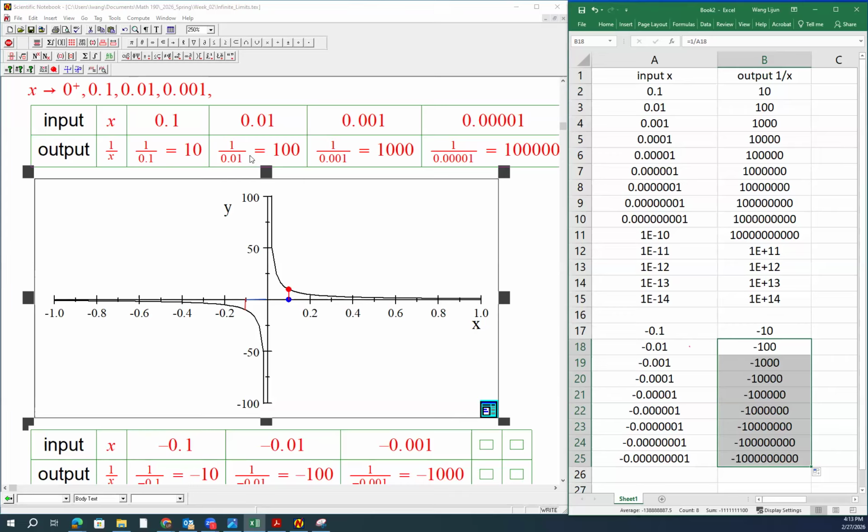And therefore, this process, as x is approaching zero from smaller than zero, how do we express that?